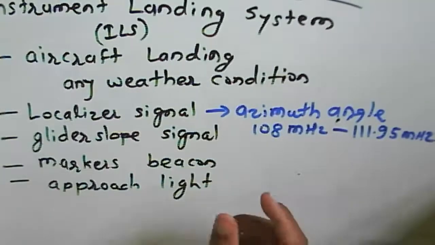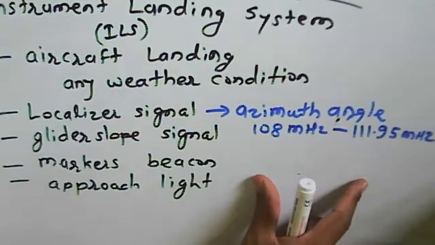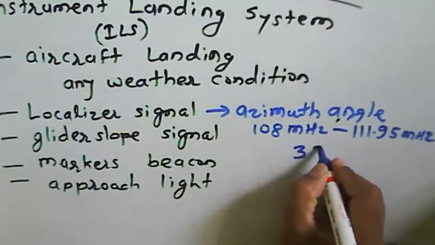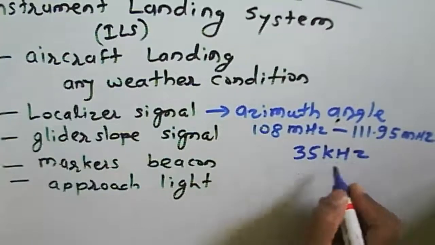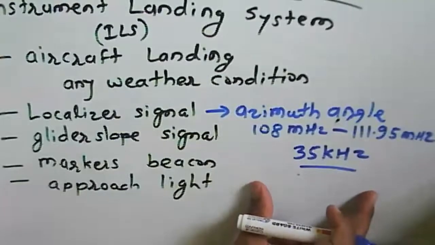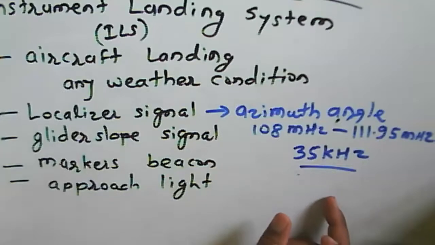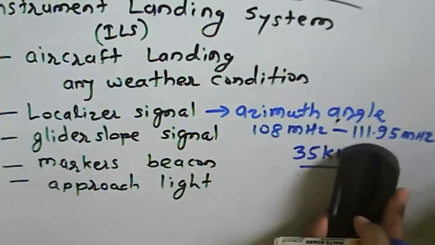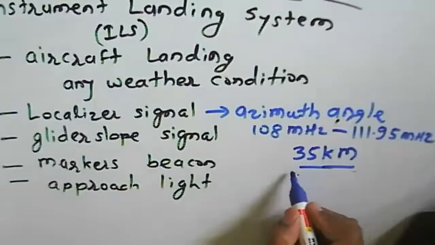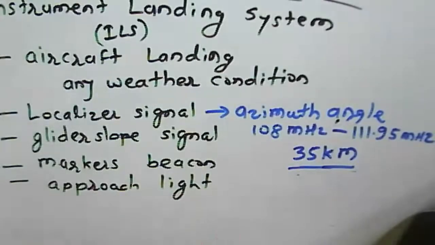The area covered by this localizer signal will be a distance of 35 kilometers. Means when the localizer signal propagates through this system, it covers a distance of 35 kilometers when we send the signal.